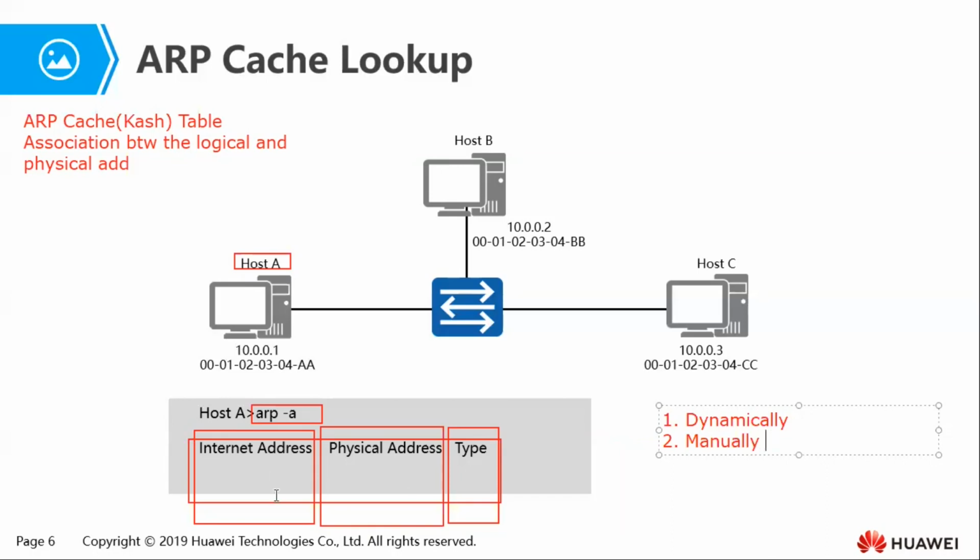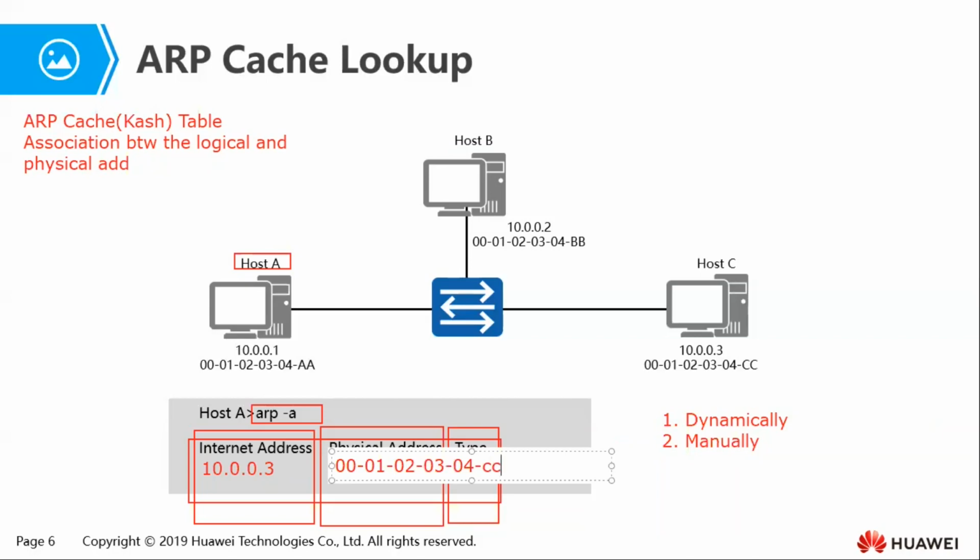So in this table, we can do it manually like this. The IP address of host C is 10.0.0.3. The MAC address of host C is 00-01-02-03-04-CC.